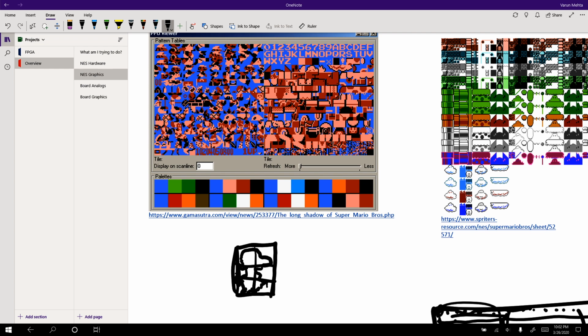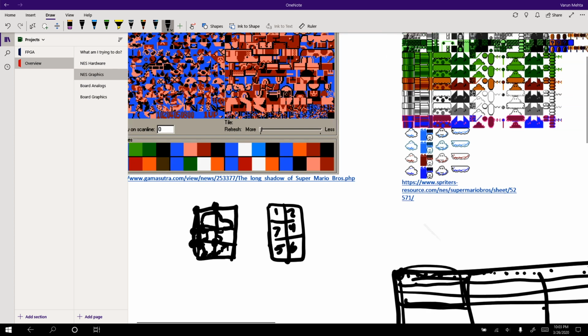So basically, when the CPU is running the software and deciding where Mario is, it's going to say, okay, Mario is here, but what that means is I need to tell the picture processing unit, put this sprite here, put this second sprite here, the third one here, the fourth one here, the fifth one here, and the sixth one here, right? 1, 2, 3, 4, 5, 6.